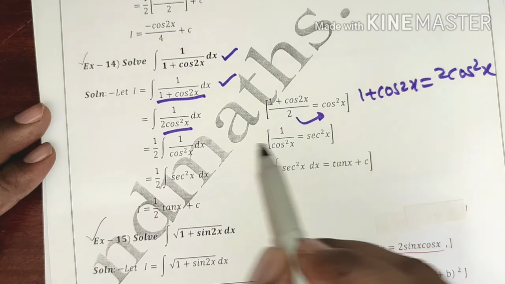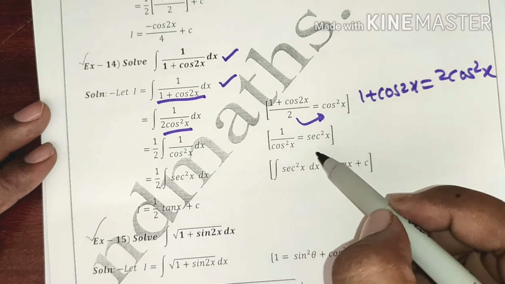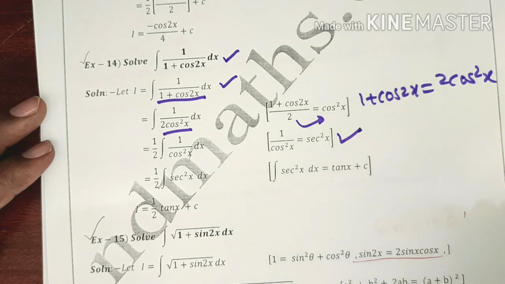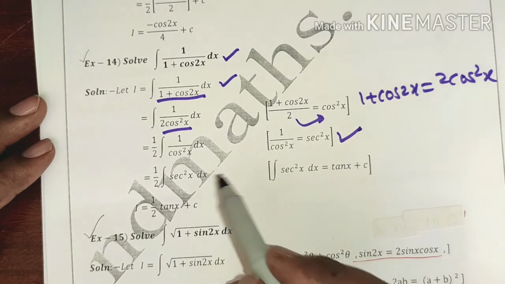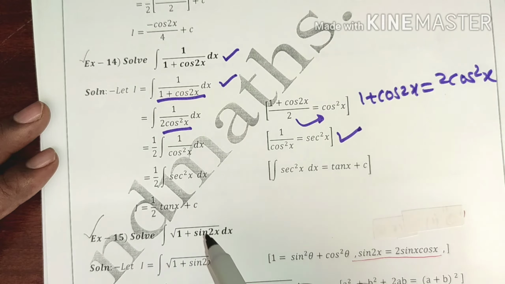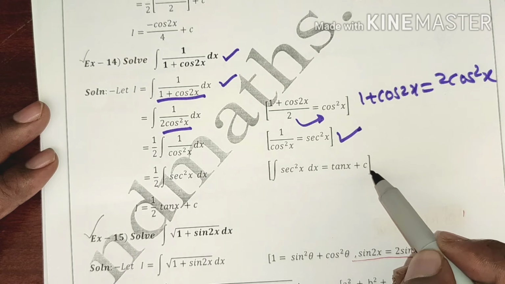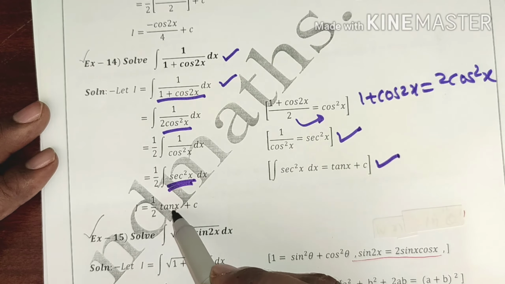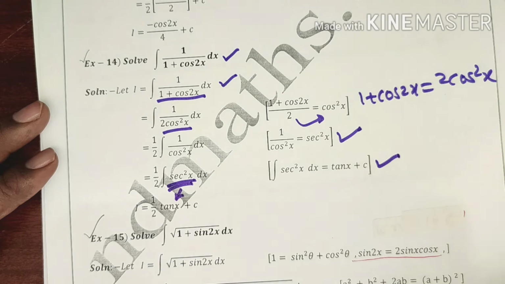Our remaining term is the integration of 1 upon cos square x. And 1 upon cos square x is sec square x, because we know that when cos goes in the numerator, it becomes sec. So there is cos square, that's why sec square x. And we know that the integration of sec square x dx is tan x plus c, where c is the integration constant.